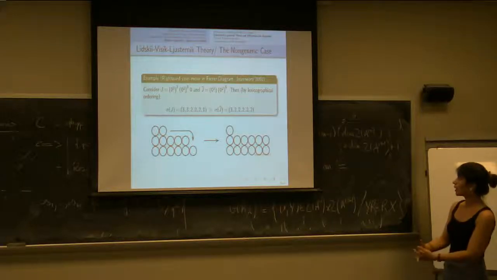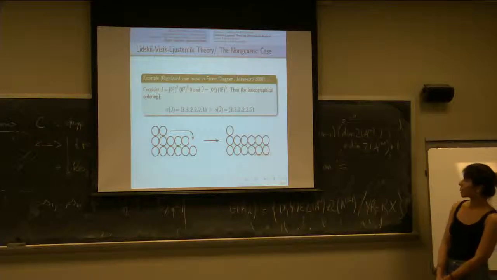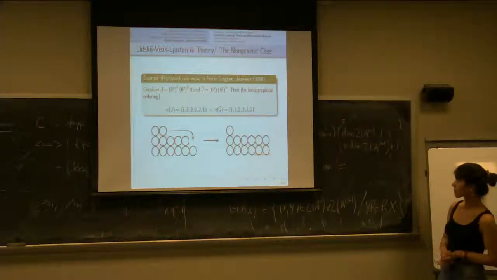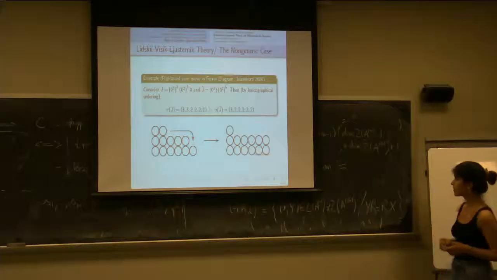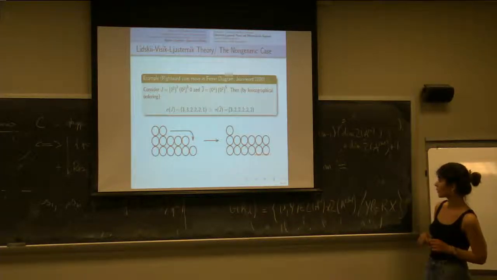So in 2000, Junho used the rightward coin move in the Furrer diagram to characterize the cyclic characteristics, because characterizing them this way allows us to compare 2 Jordan canonical forms.